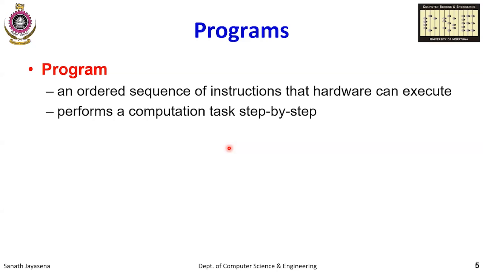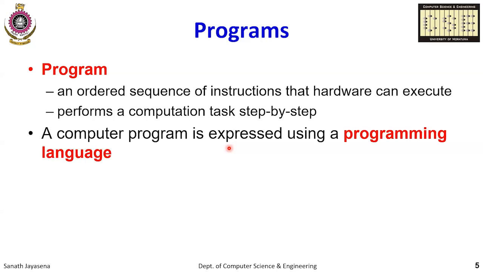All right. Now, a computer program is expressed, and the expressed program is a result of the development effort. It's developed by humans. And for that purpose, we as humans use programming languages. There are so many languages out there.